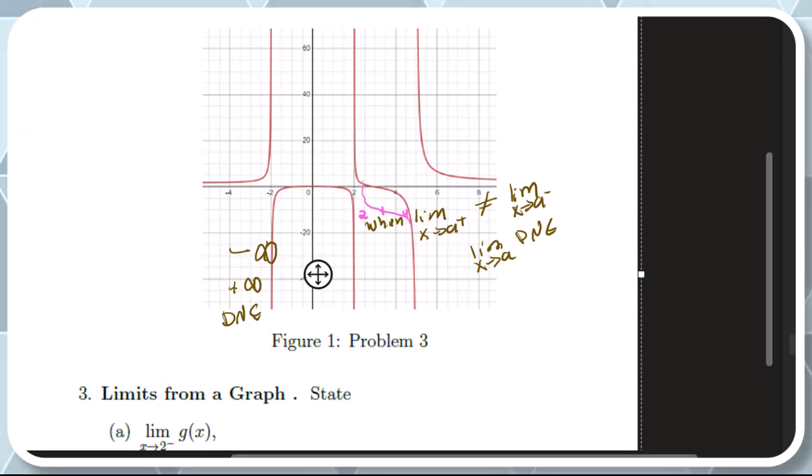That's weird. So if the function just exists and there's nothing strange about it, then the limit is just equal to the y value at that point.